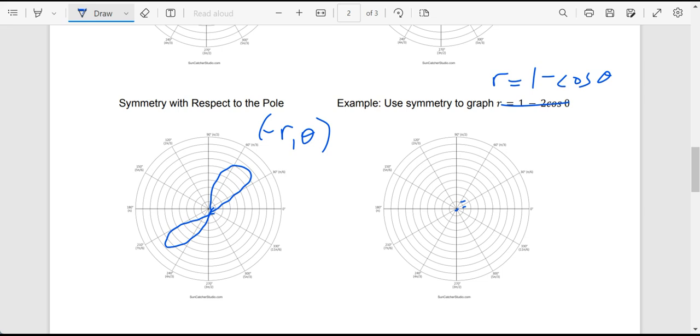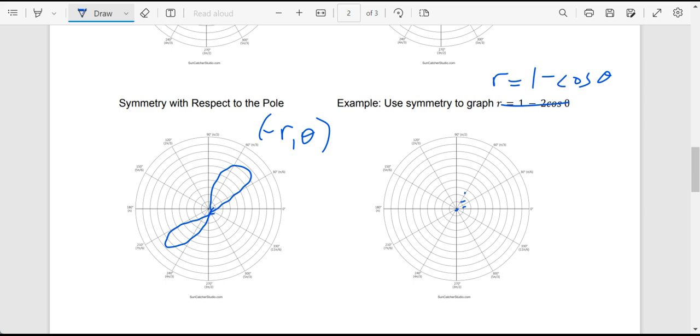And now if I go to pi over 3, that will get me 0.5. So getting up a little bit.